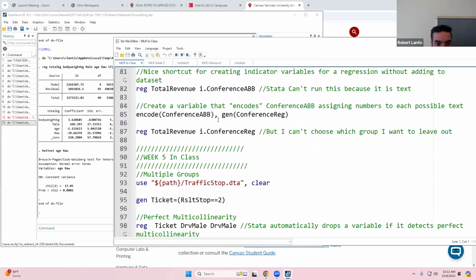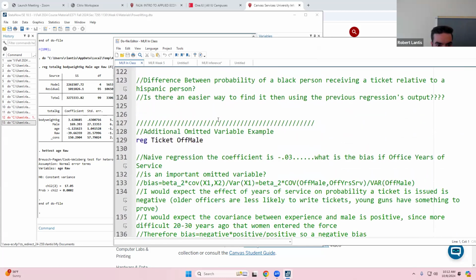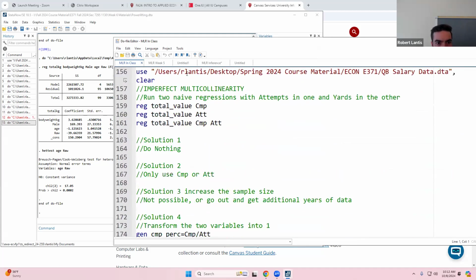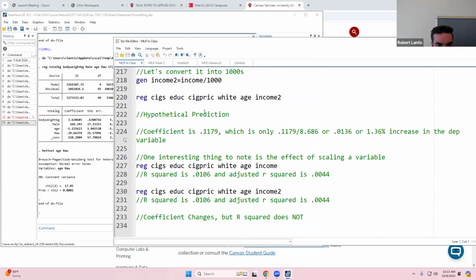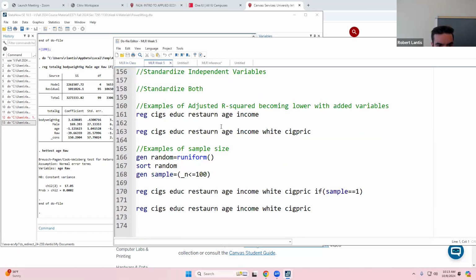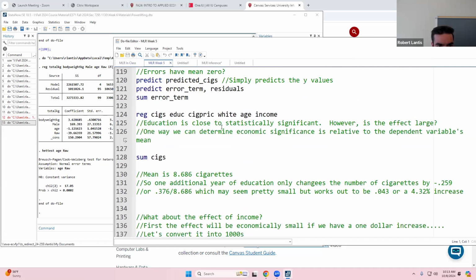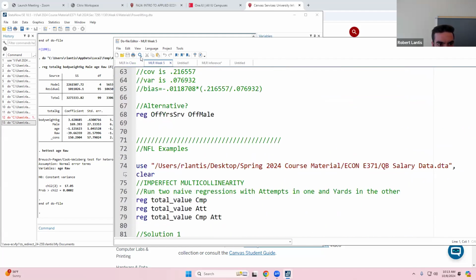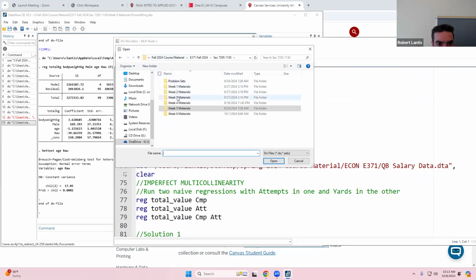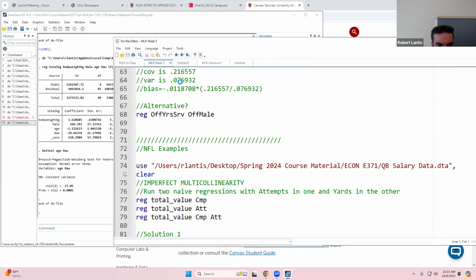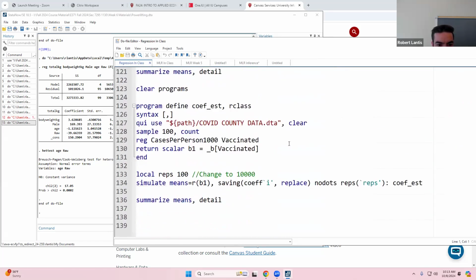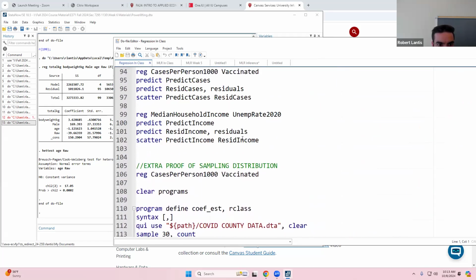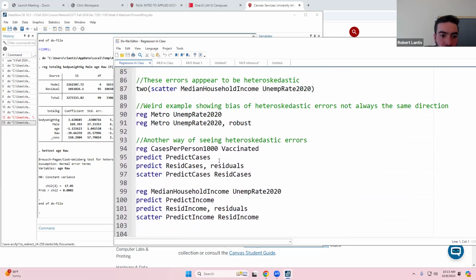Where's my heteroscedasticity? Oh, we might not have done this. Nope, sorry. I should have had this planned out. I just thought about it off the top of my head, though. I think it's in this one. Independent, blah, blah, blah. Here we go. All right.